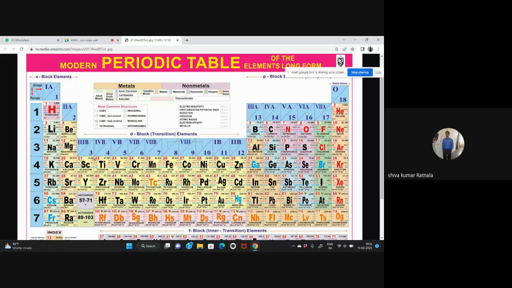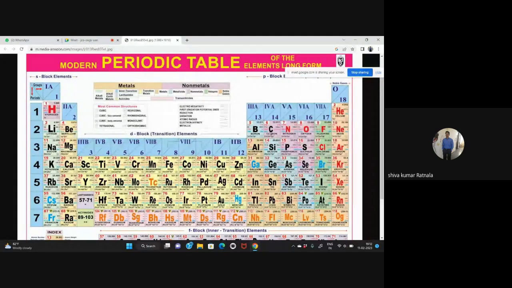Now coming to this, see here. This is the third group, so third to 12th, then the 13th group if you observe: boron, aluminum, gallium, indium, thallium, nihonium.